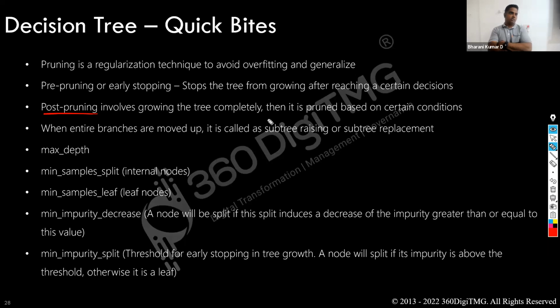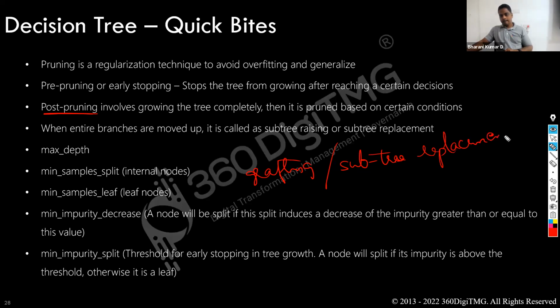Apply the rule. You will see that only if somewhere the error rate is less than so much, you keep that branch. Otherwise, remove that branch. That's called grafting or subtree replacement.